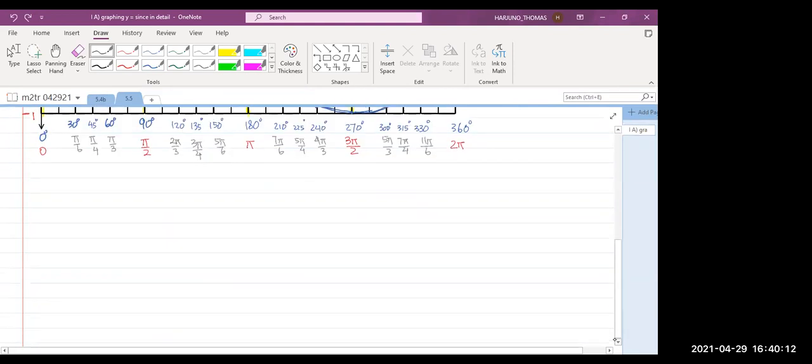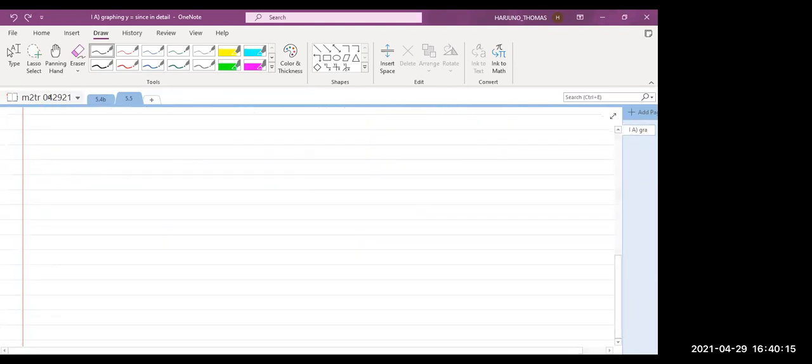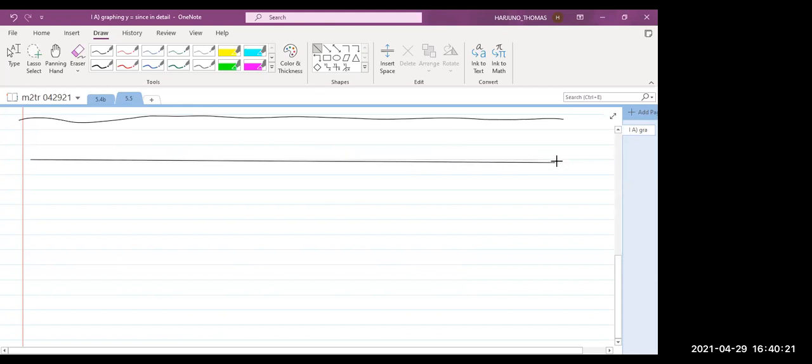Again, next I will draw the cosine graph. We start by creating the table.